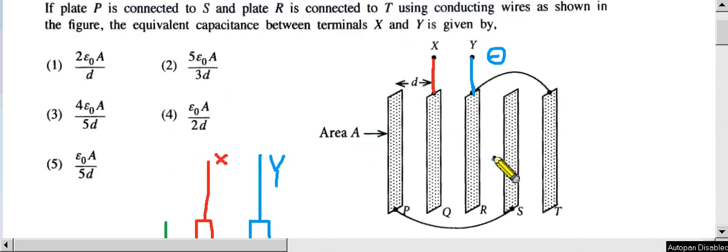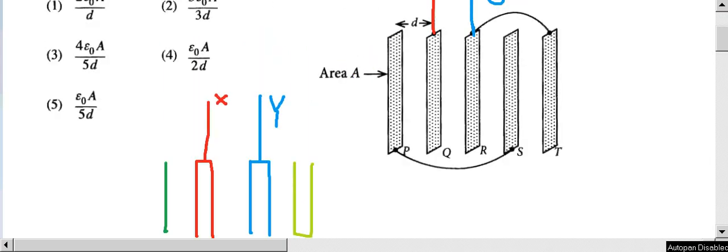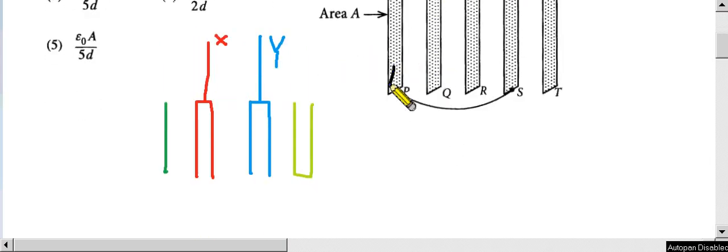Now it is okay. Then this plate shown as S also has 2 other plates at both sides. Therefore we have to draw 2 surfaces for that single plate, and it is also connected to this P plate, so we connect it like this.